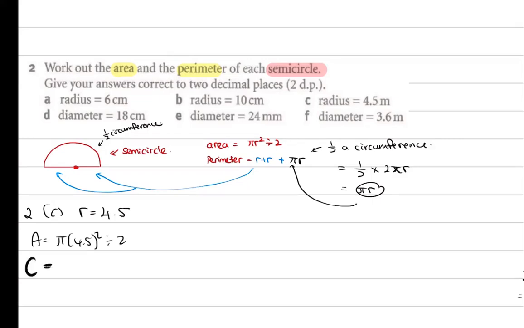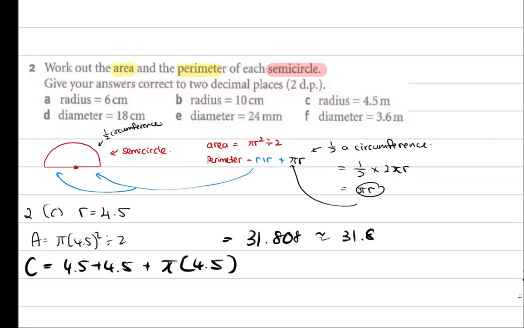Circumference is 4.5 plus 4.5 plus pi 4.5. Right?